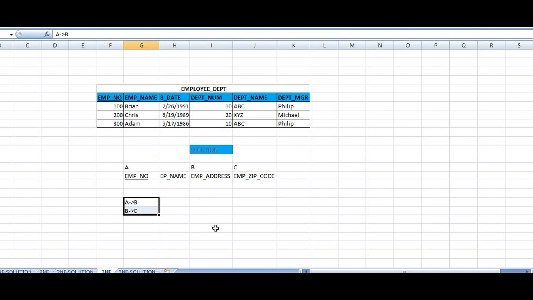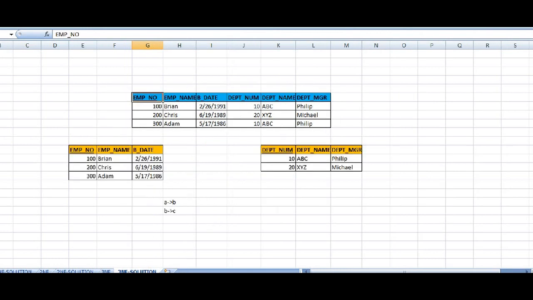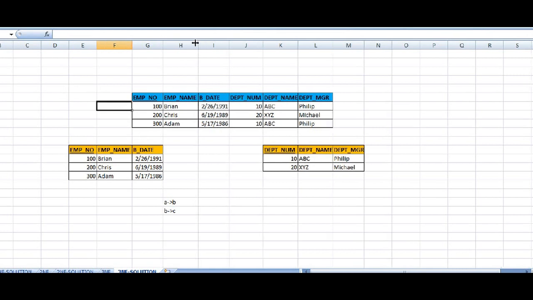Now let us come to an actual scenario, then it will be easy to digest. So this is the table where employee information, its associated department number, and the department's manager number is given. So for example, Brian is an employee who is working with department number 10, and Philip is managing department number 10. See it carefully.